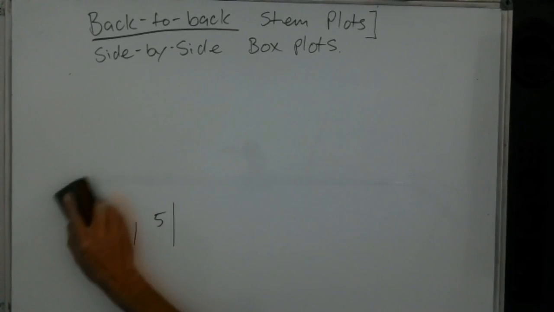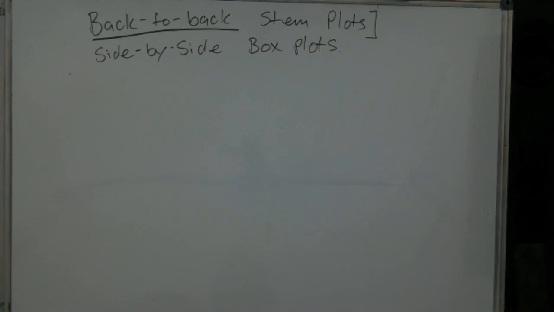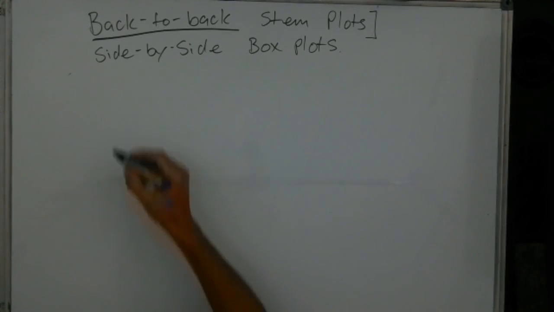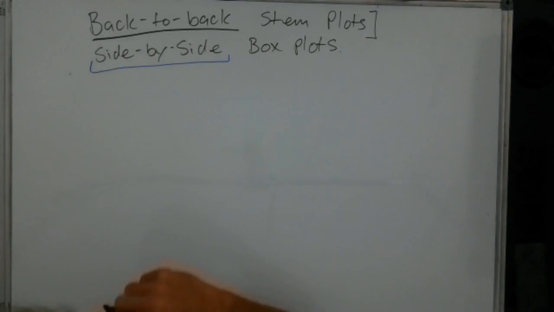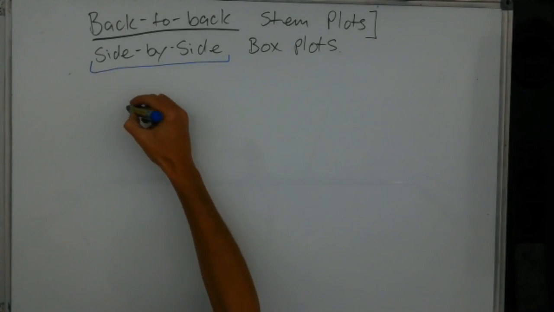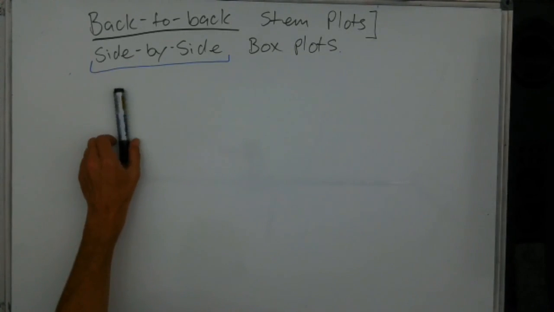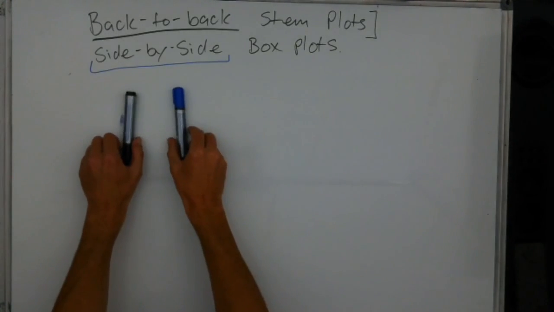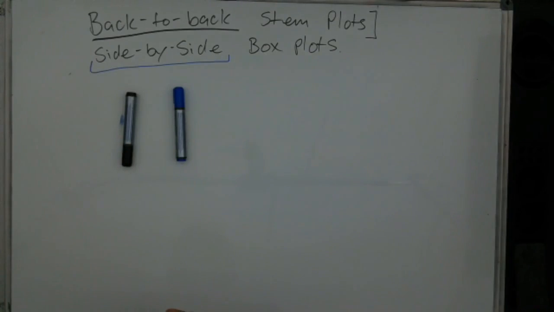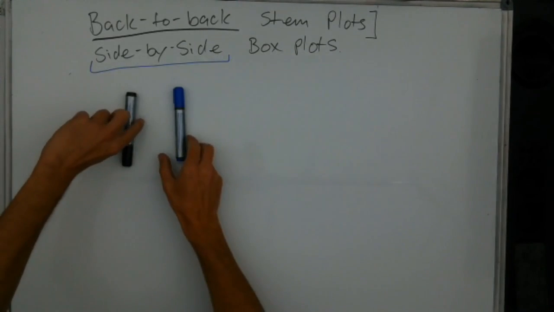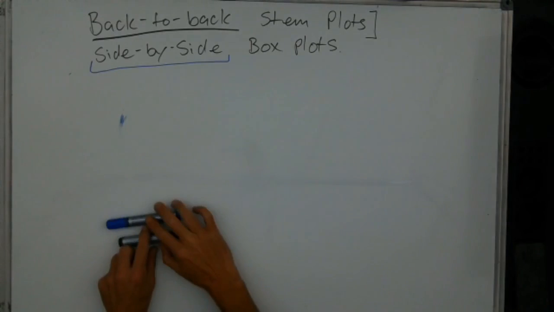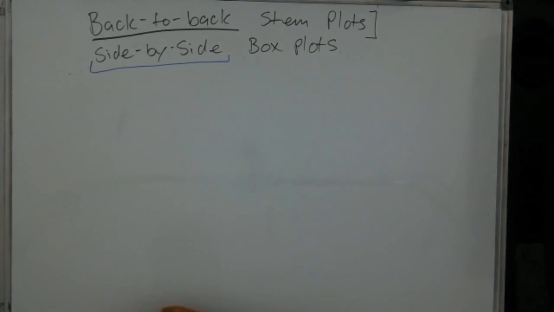For side-by-side box plots, and I don't really like this name, and you'll see why, because side-by-side would sort of mean here's one thing, well, here's a whiteboard marker, and then inside there's another one, but side-by-side box plots are above and below each other.